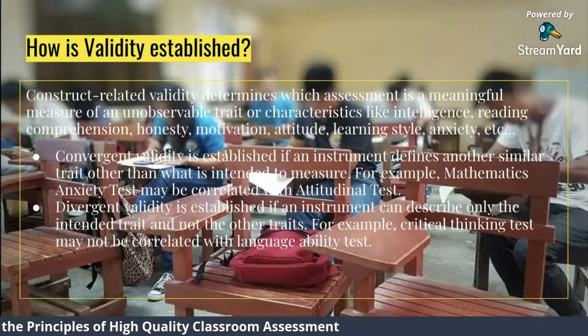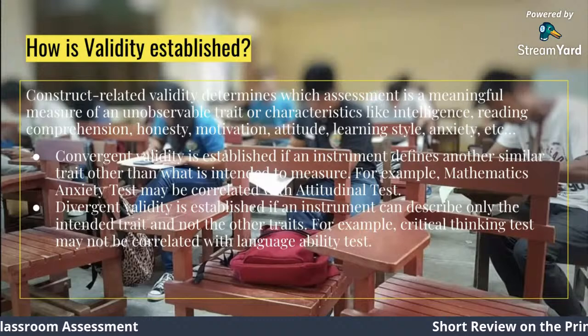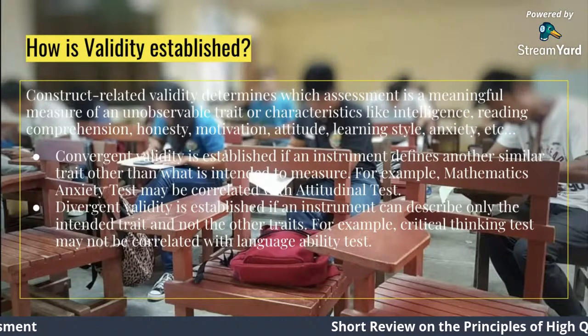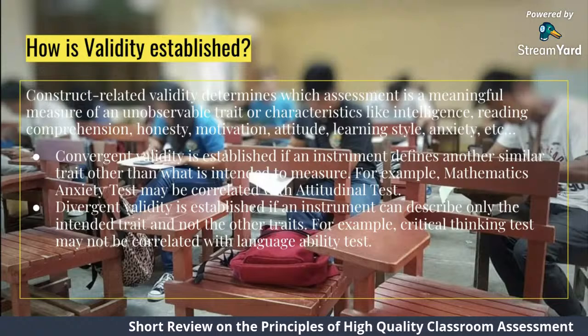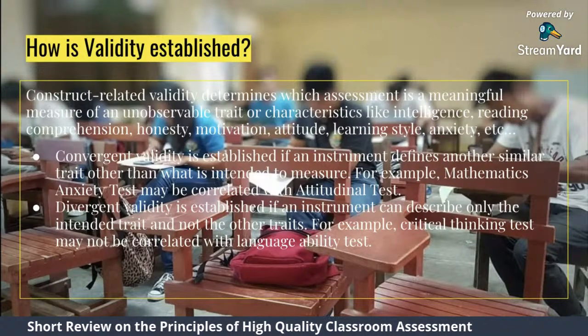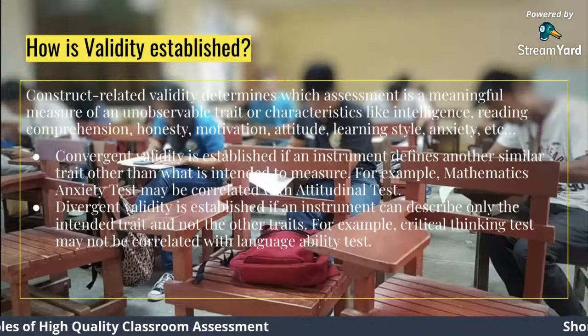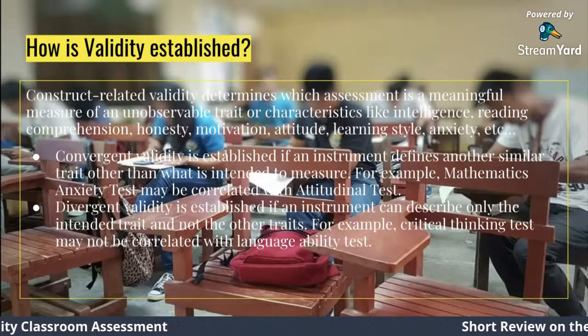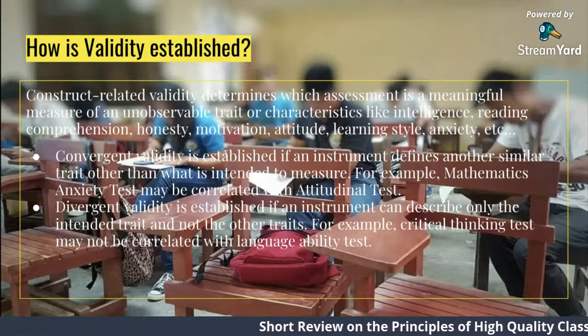So there are two ways on how construct-related validity is established. We have the first one, which is convergent validity, and the other one is divergent validity. So what is convergent validity? This is established if an instrument defines another similar trait other than what it is intended to measure. Okay, so for example, I have a mathematics anxiety test.